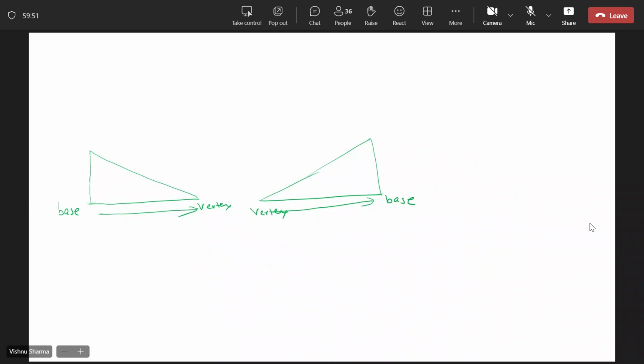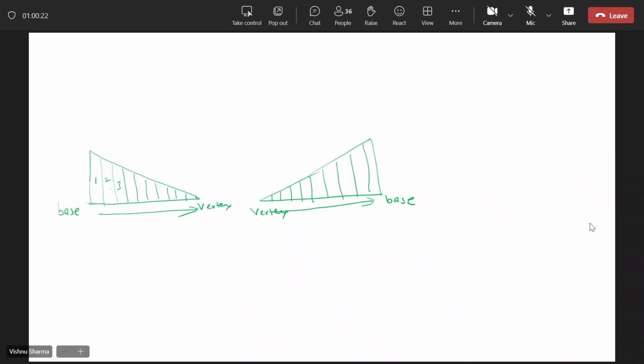Now you see, guys, here initially the rate is more. This trapezium has the maximum area. This has less than 1, then less than 2, and it is getting less and less and becoming 0 at the vertex. When you go from vertex to base, initially the rise is slow, increases at a slower rate, and the rate keeps increasing as you go towards the base.